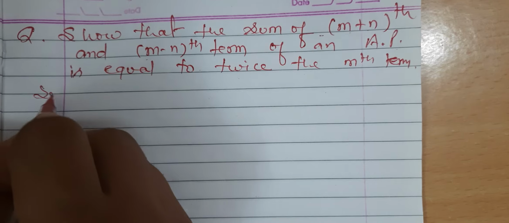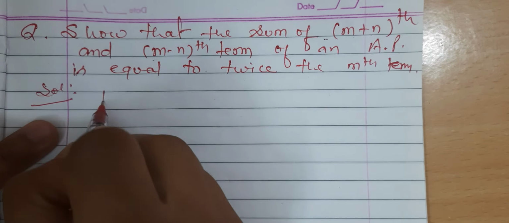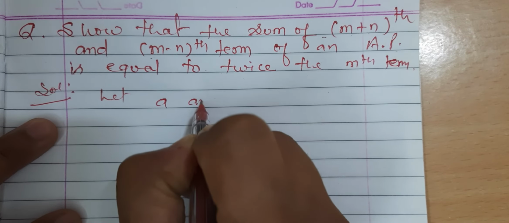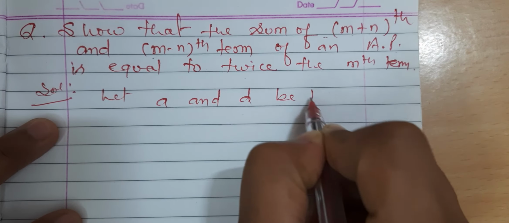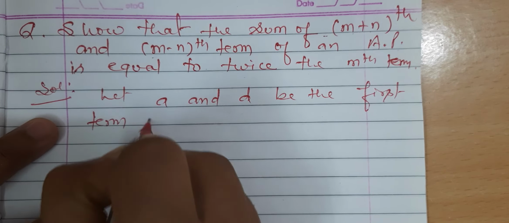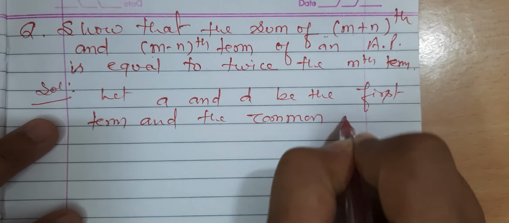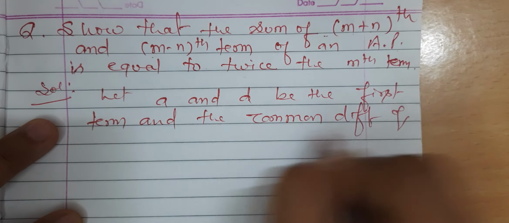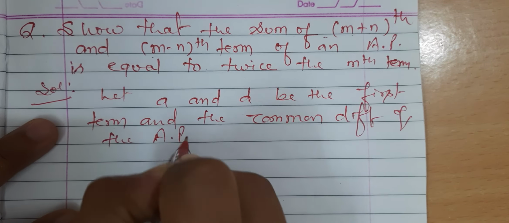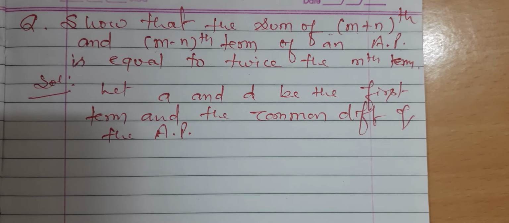So here in this type of question, first we'll write, let a and d be the first term and the common difference of the AP. Okay, because if we know the first term and common difference, then we can write any term.